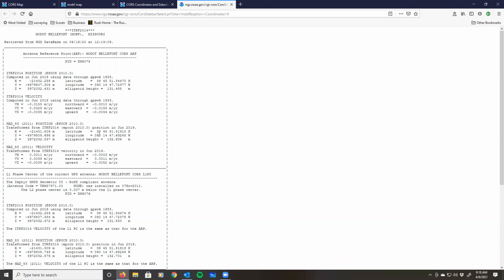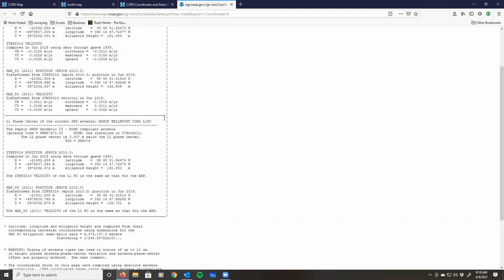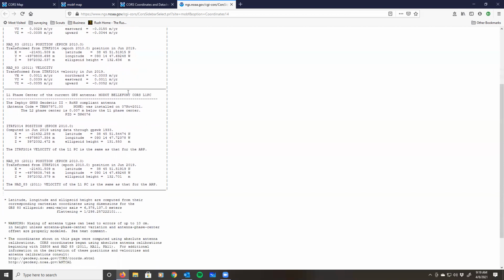But it basically has latitude, longitude. It has more velocity information, and what these have to do is relative to different coordinate systems. This is relative to NAD 83 2011, showing the direction northward, eastward, and upward, which is a little bit different than this velocity.